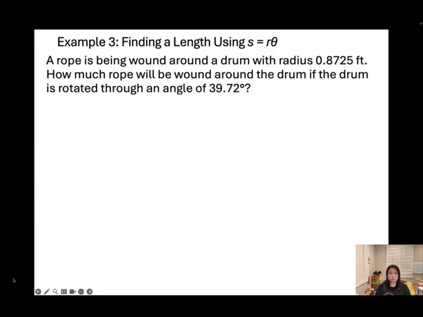Example 3. A rope is being wound around a drum with radius 0.8725 feet. How much rope will be wound around the drum if the drum is rotated through an angle of 39.72 degrees?